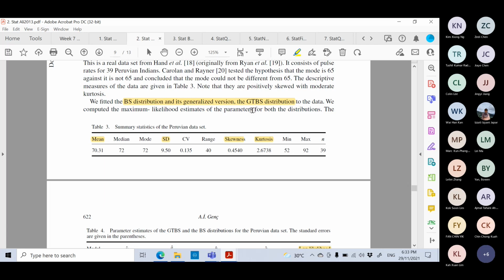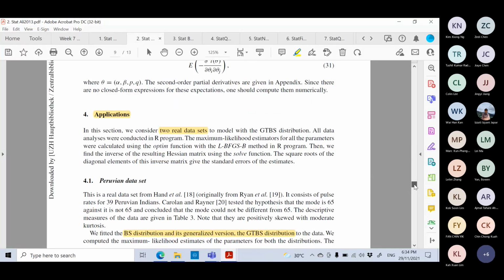If you are willing to use the GTBS, this is another useful measurement to check whether your mean, standard deviation, skewness, and kurtosis are close to the empirical result or close to the theoretical result. Because just now you have derived the formula.